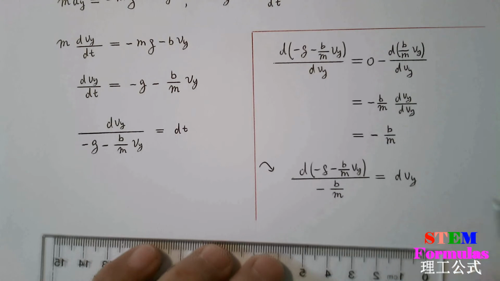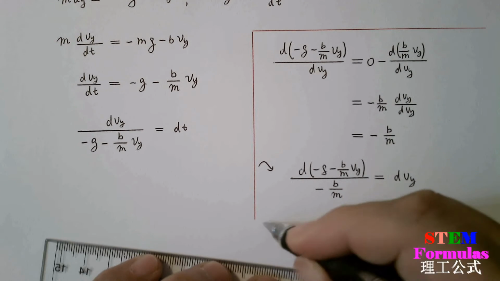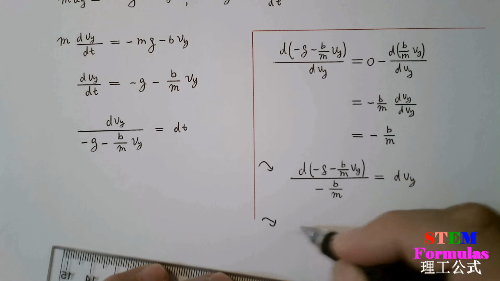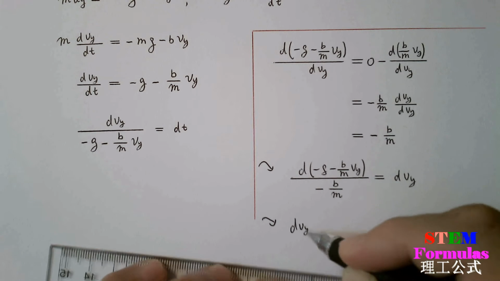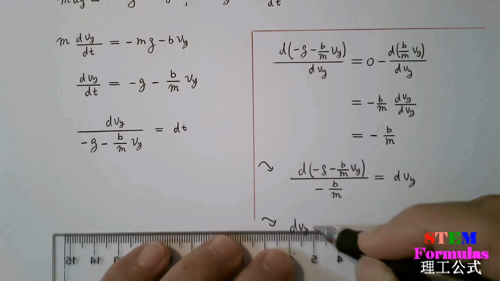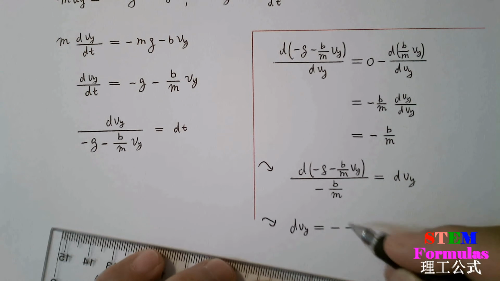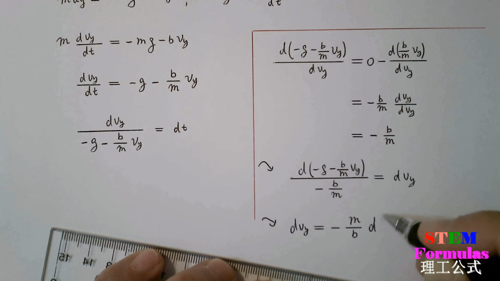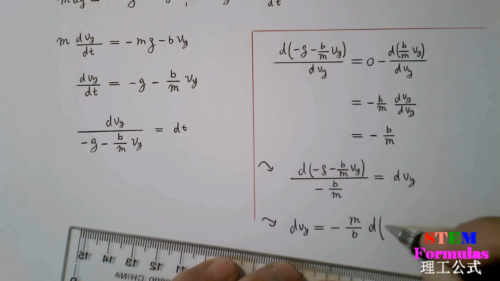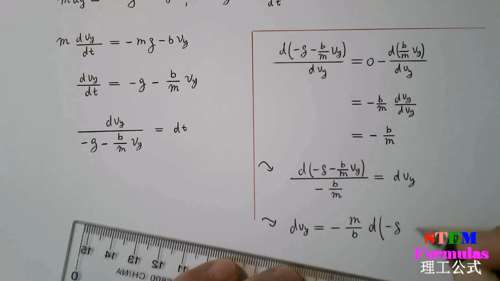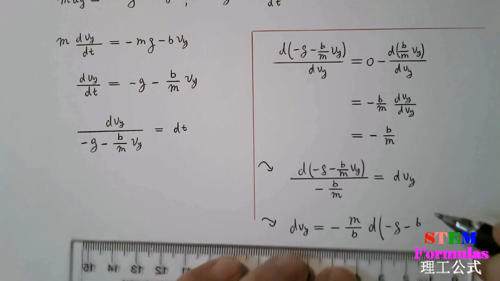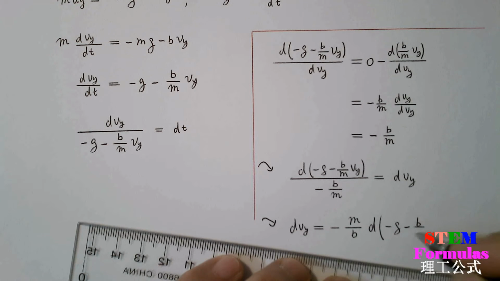And therefore I have dvy equal minus m divided by b d of minus g minus b divided by m vy.